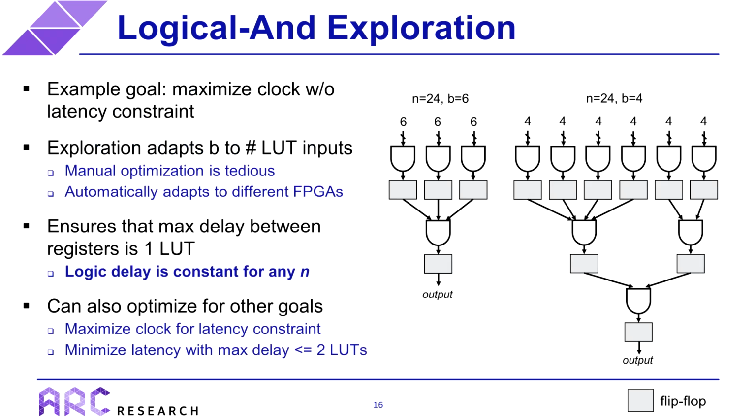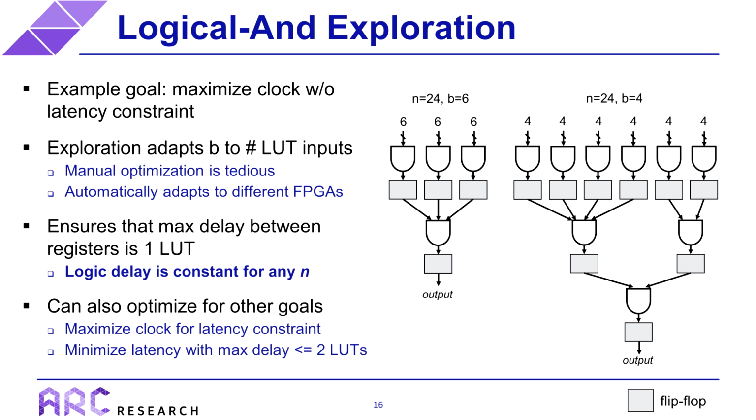Now on this slide, we see some huge advantages from this simple transformation and base. So let's say here our goal is to maximize the clock frequency without a latency constraint. In this case, exploration will discover that by setting the B parameter equal to the number of LUT inputs for the targeted FPGA, it will result in a pipeline design where the maximum delay between registers is always one lookup table.